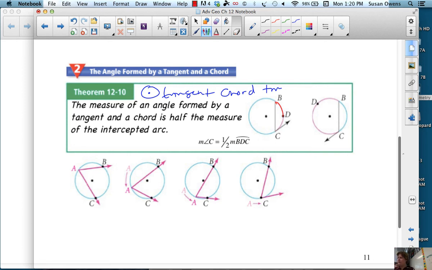So the easiest way of proving this one is actually to start with an inscribed angle. And then what you can do is, we know that as long as the angle goes through B and C and inscribes BC, then angle A isn't going to change measure. So what we can do is we can see it rotating around. Well, it's still inscribing BC, so the angle hasn't changed.